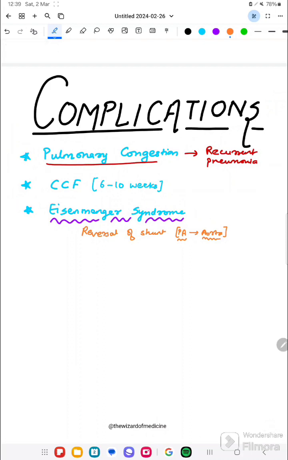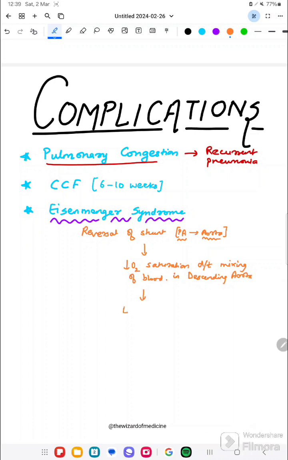Henceforth, what will happen? The oxygen saturation will decrease due to mixing of the blood. But you need to know that this decrease in oxygen saturation due to the mixing of the blood occurs in the descending aorta, not in the whole of the aorta. Why? I'll just show you, right?